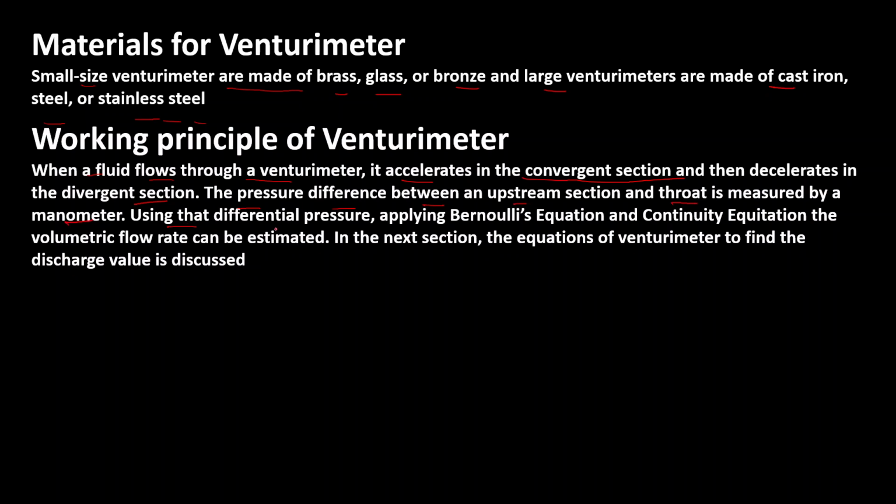Using the differential pressure, applying Bernoulli's equation and the continuity equation, the volumetric flow rate can be estimated. When the process is completed, we can calculate the discharge value of the water from the equation.